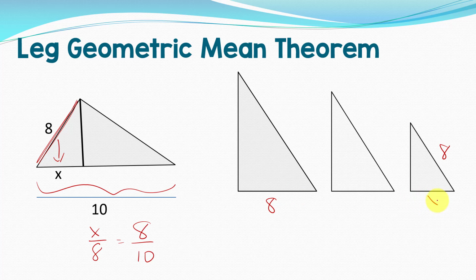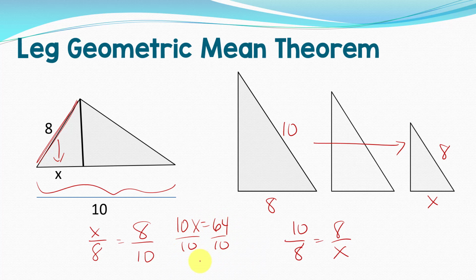This is the bottom of the little one, x is, and 10 is the hypotenuse here. So 10 is to 8, is 8 is to x. So again, the geometric mean shows up twice. I'm going to cross multiply, and I've got 10x equals 64. Divide by 10, and x equals 6.4.